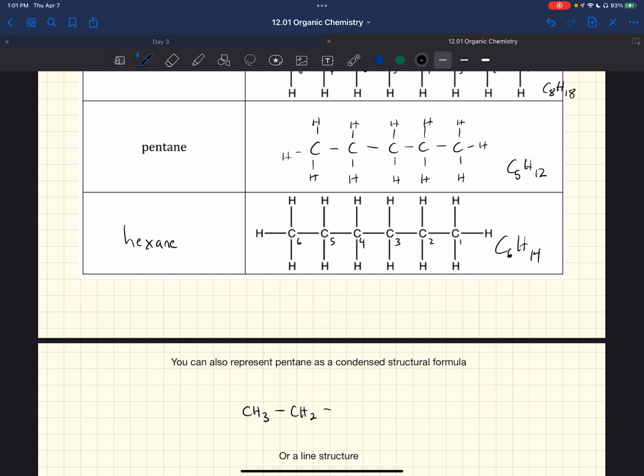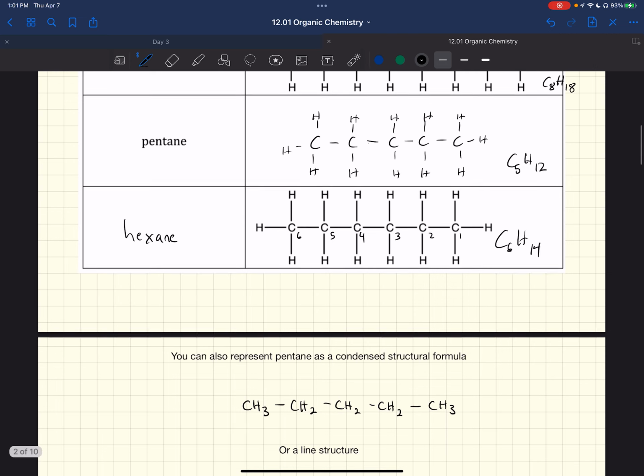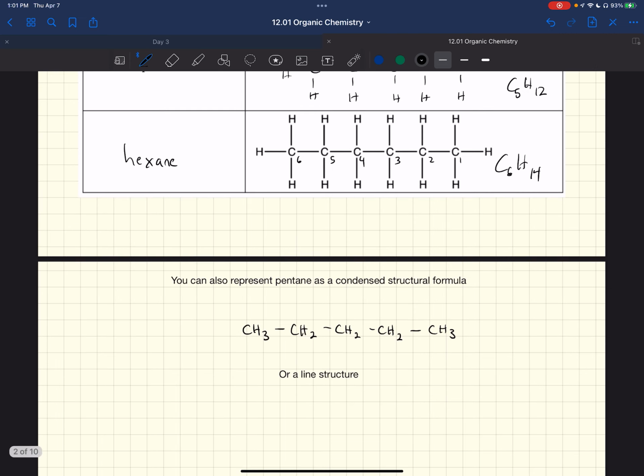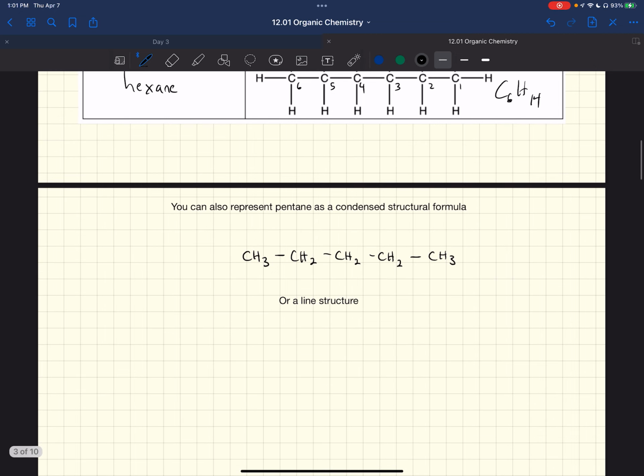And then on the next carbon, there are 2 hydrogens attached. So that's CH2. Now, the next several are CH2s. 1, 2, 3 are CH2s. And then we have another CH3. So condensed structural formula is another helpful way to represent the attachment of atoms in a molecule.